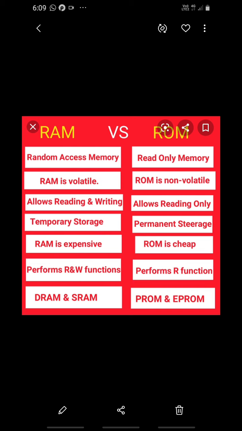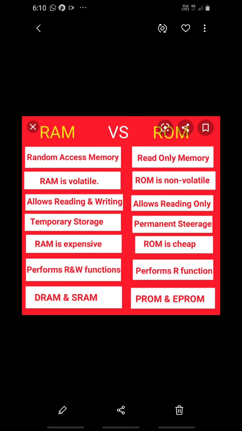Now, what is the difference between RAM and ROM? Shown in the above PPT is a differentiation between RAM and ROM in tabular form. RAM, random access memory.